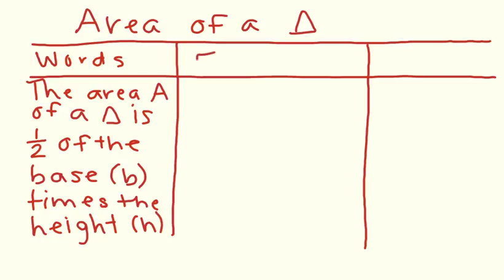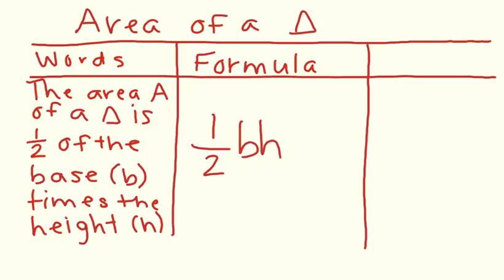The second column, we're going to write the formula. Now remember, formulas, properties, and equations are important for you to remember. So the formula for the area of a triangle is 1/2 b times h, 1/2 the base times the height.